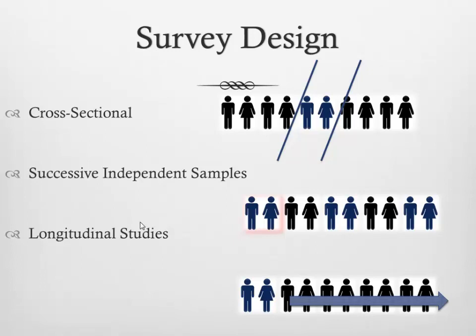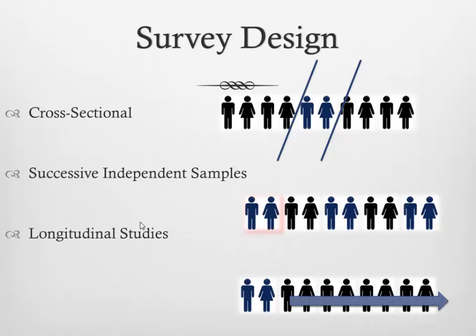And this would be, let's say we were interested in people participating in a program like vocational rehabilitation, and we wanted to track over time how people felt about the evaluation component of the vocational rehabilitation counseling process. So one way you might do that would be to take successive independent samples.